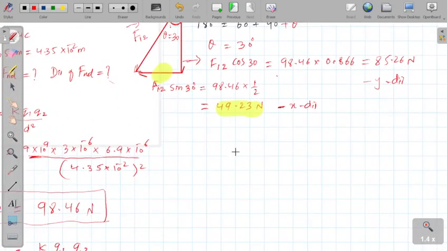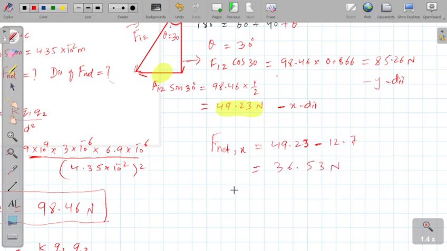So I call this the total net force, F net, along the negative x-axis. The net force acting along the x-axis on charge 1 is equal to 49.23, the greater force, minus the lesser force, 12.7 Newton. This comes out to be 36.53 Newton.